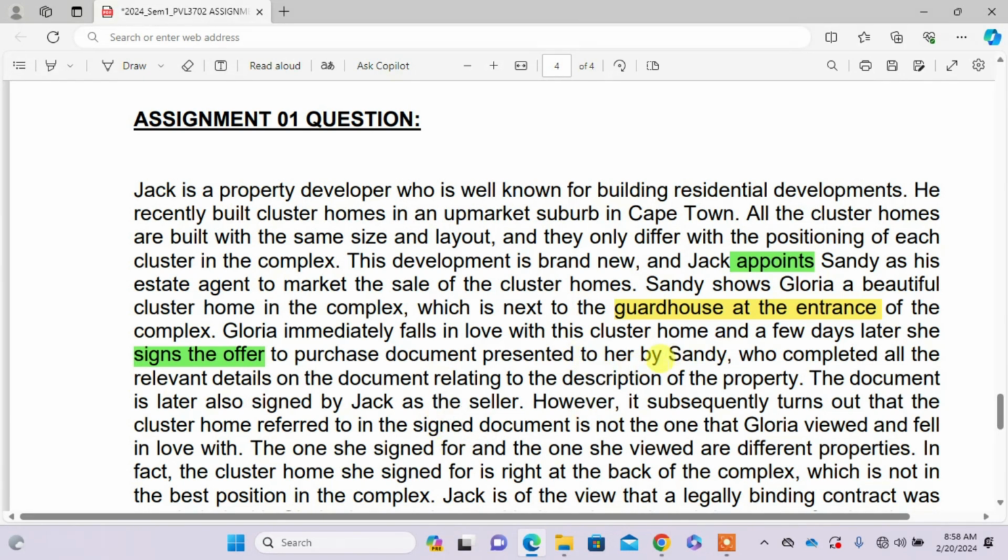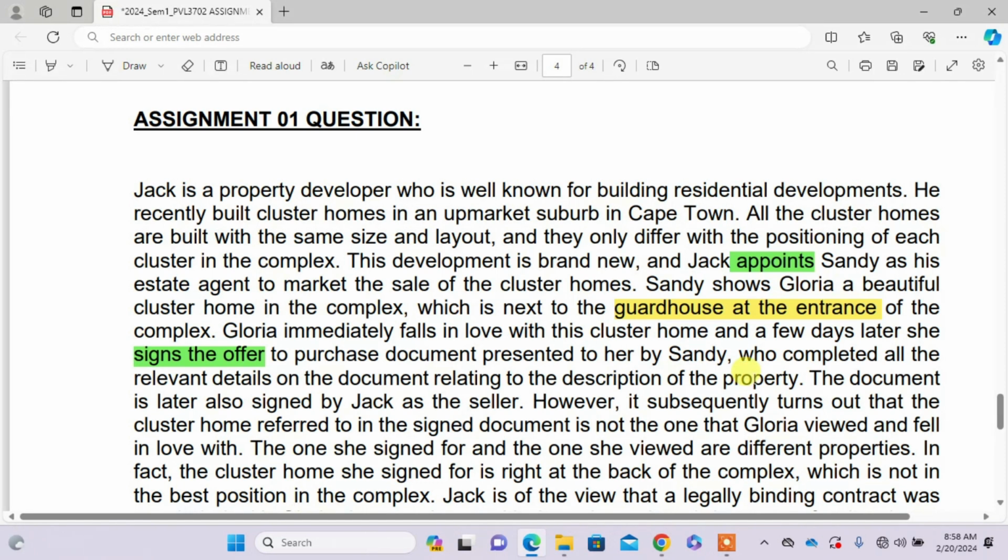Okay, it's between Sandy and Gloria, and of course Sandy has been appointed by Jack, who completed all the relevant details on the document relating to the description of the property. So Sandy is the one who completed those details.